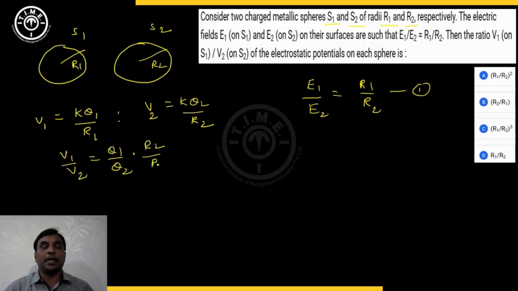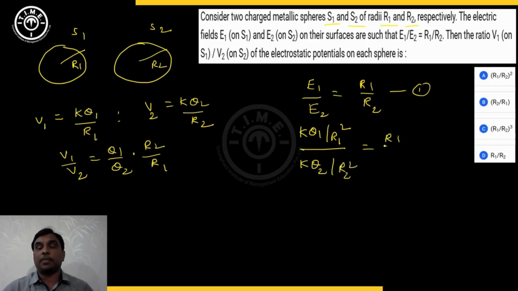Now electric field: K Q1 by R1 square, that's the formula, over K Q2 by R2 square, which is equal to R1 by R2. So this K gets cancelled. Q1 by Q2 into R2 by R1 whole square, is equal to R1 by R2.